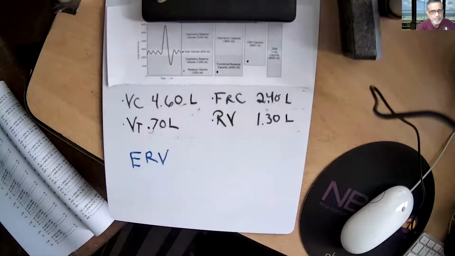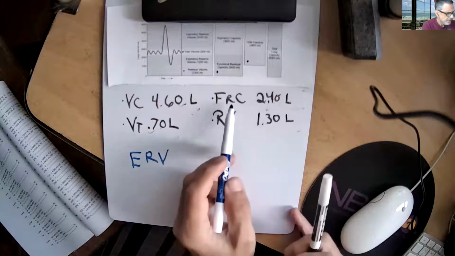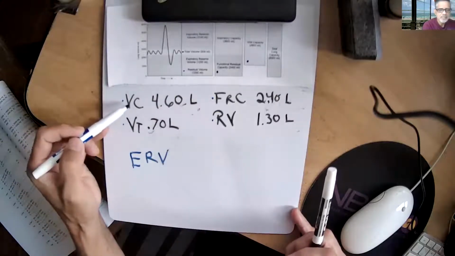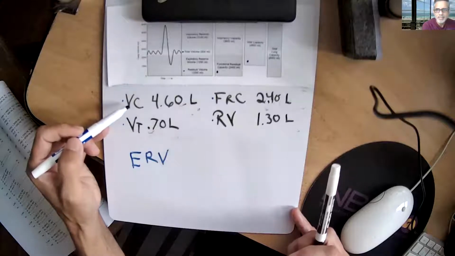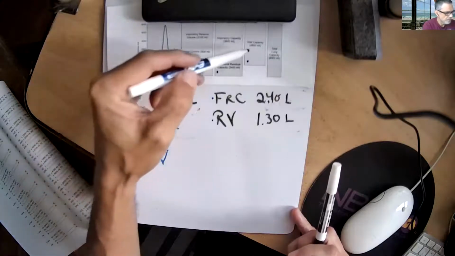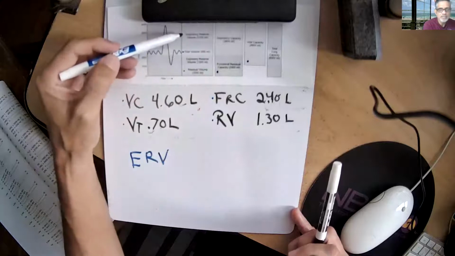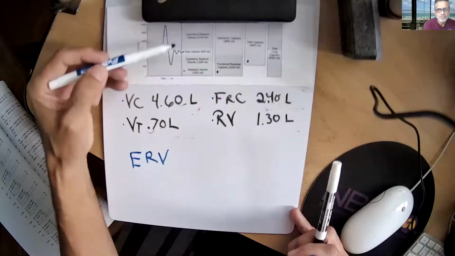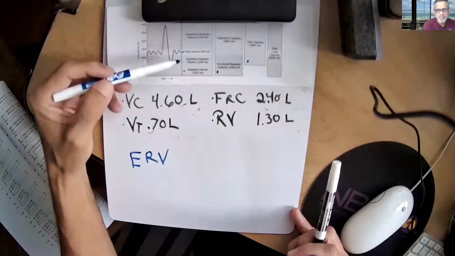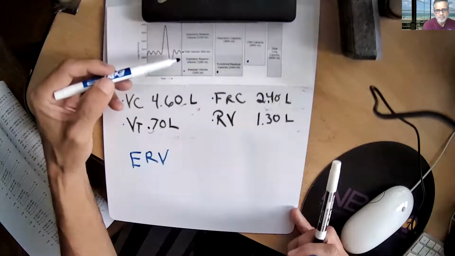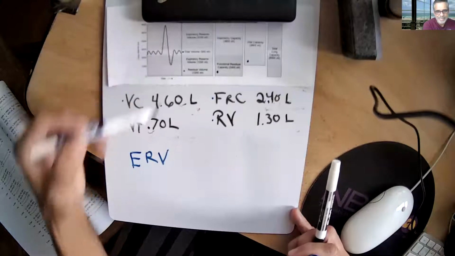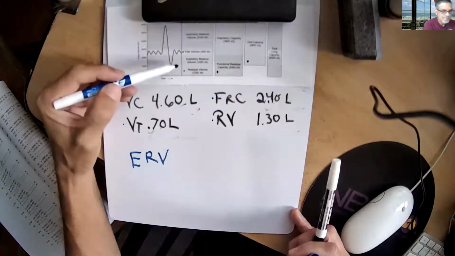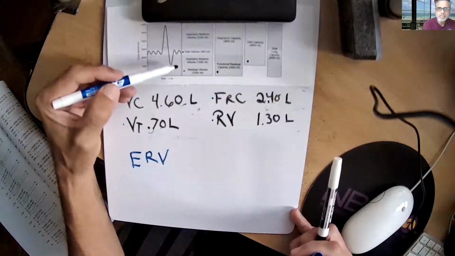So let's see. A capacity is a combination of lots of volumes. I'll take vital capacity first. If I look at vital capacity and then come over here, I see that it's a combination of inspiratory reserve volume, tidal volume, and expiratory reserve volume. Well, that doesn't get me expiratory reserve volume quite yet, right? Or maybe it does.